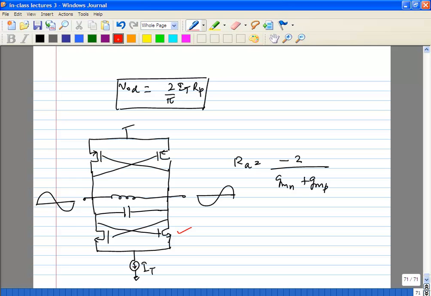Which PMOS is going to be on? Obviously the left side one. So what is going to be the current flow here? That is going to be the current flow in the first half cycle. And in the second half cycle, current is going to flow like that.